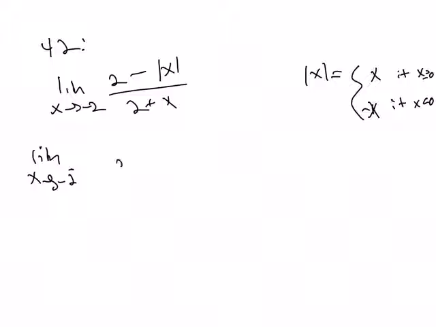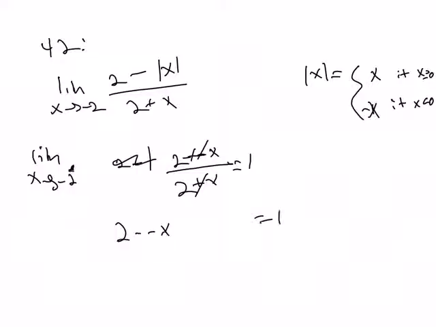It's going to be 2 minus, the absolute value is negative x, so 2 minus x, which is plus, over 2 plus x. So this becomes 1. And for the other case, if we're coming from the right, it's still going to be 2 minus x, because that x is still less than 0. And so you're going to have the same thing, so the limit is 1.